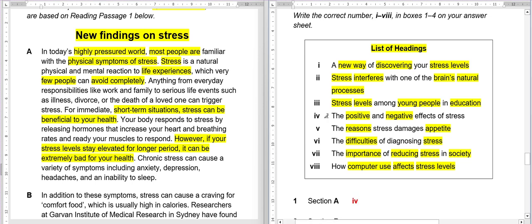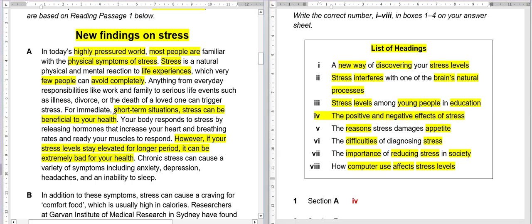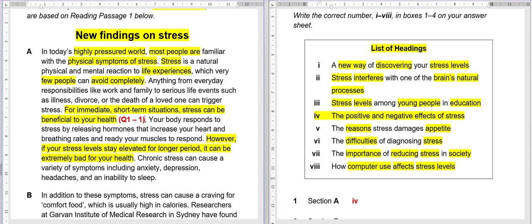So let me mark here first. Where it is written, this is the benefit for short term and this is the negative for long term. So this is about benefit. Let me write here, instead of 1 2, I will write negative.